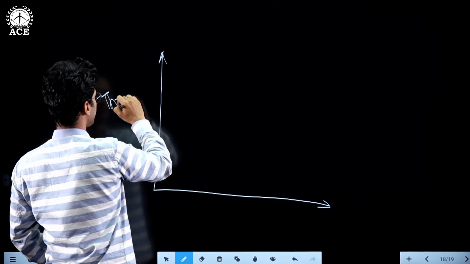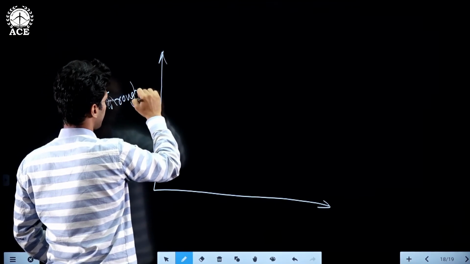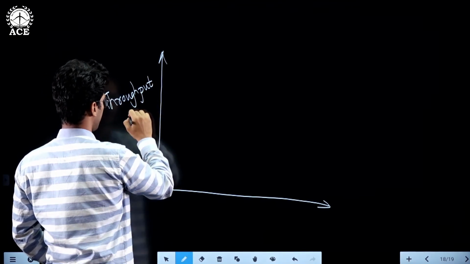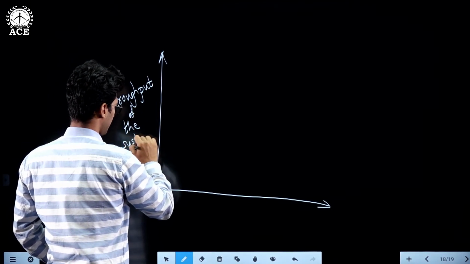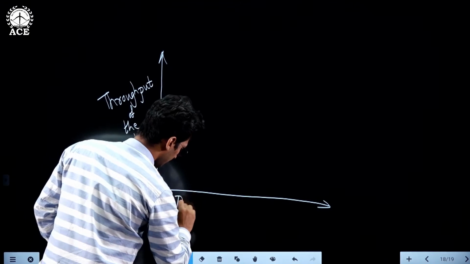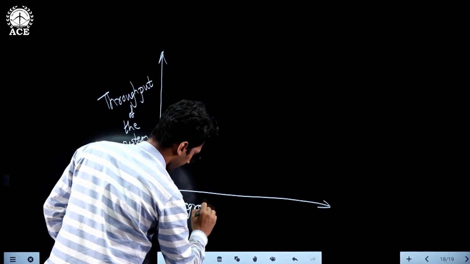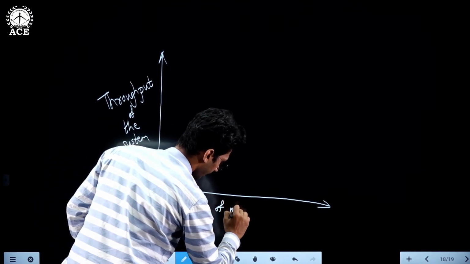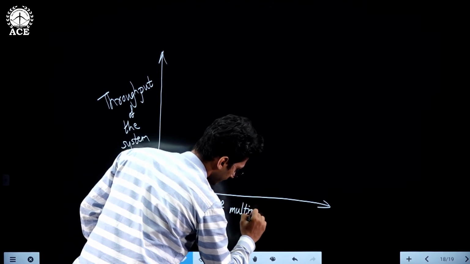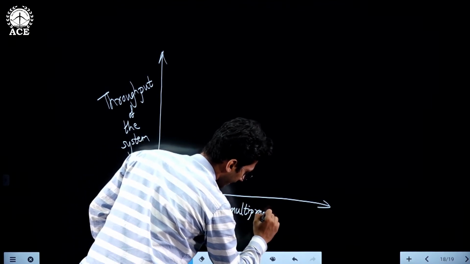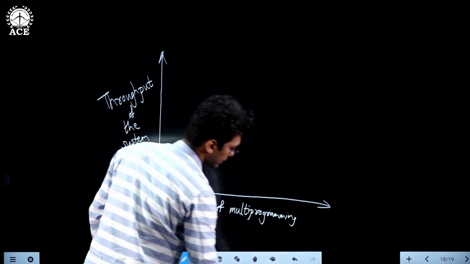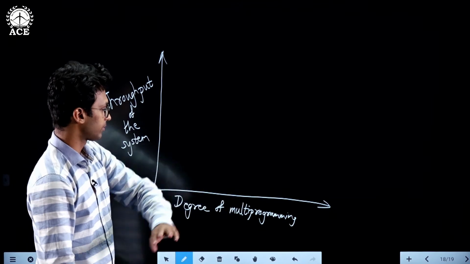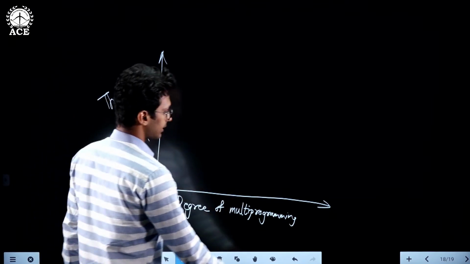Throughput of the system versus degree of multiprogramming. Okay, this is the x-axis, this is the y-axis.